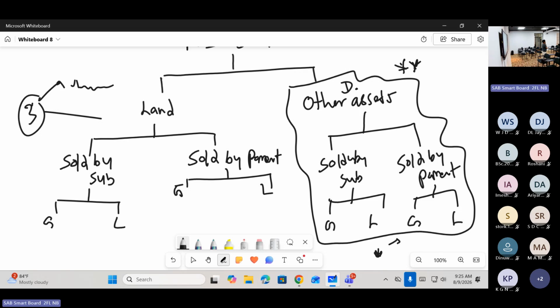We are supposed to adjust or reverse the income and equity entry. No entry is required to cash.